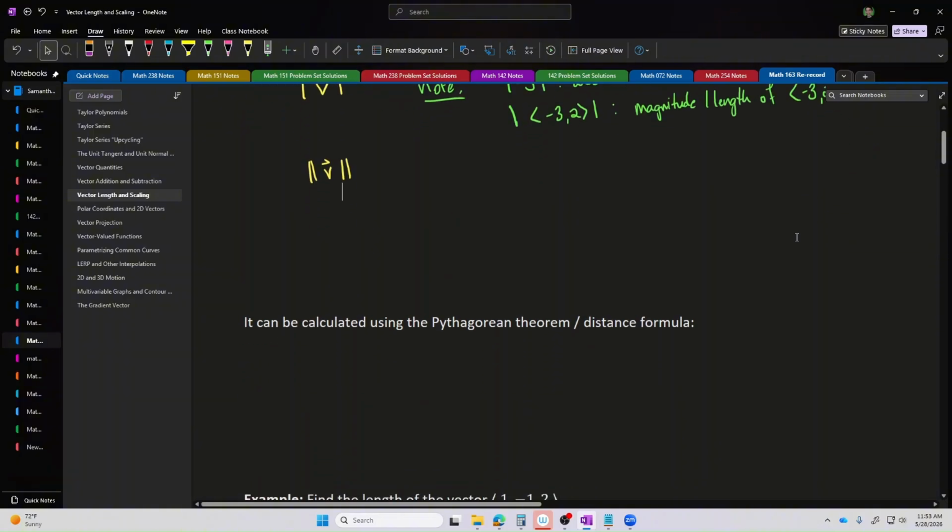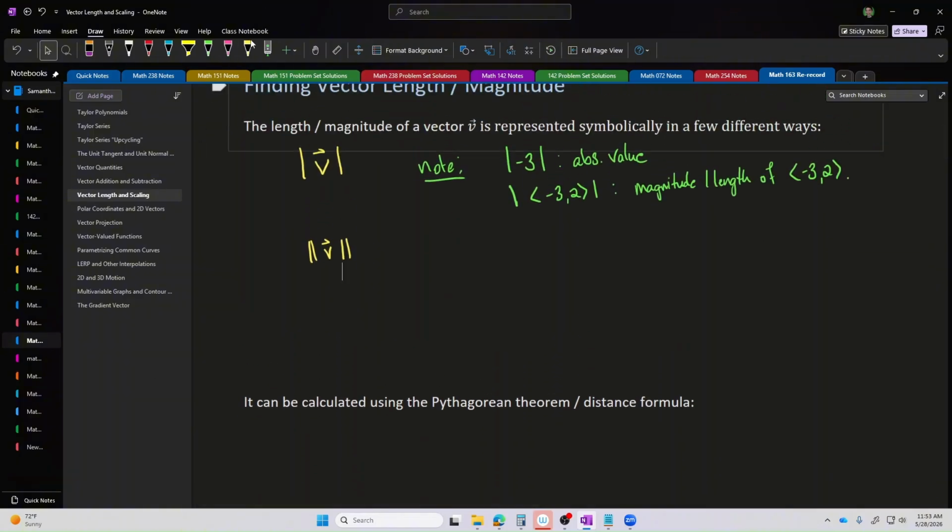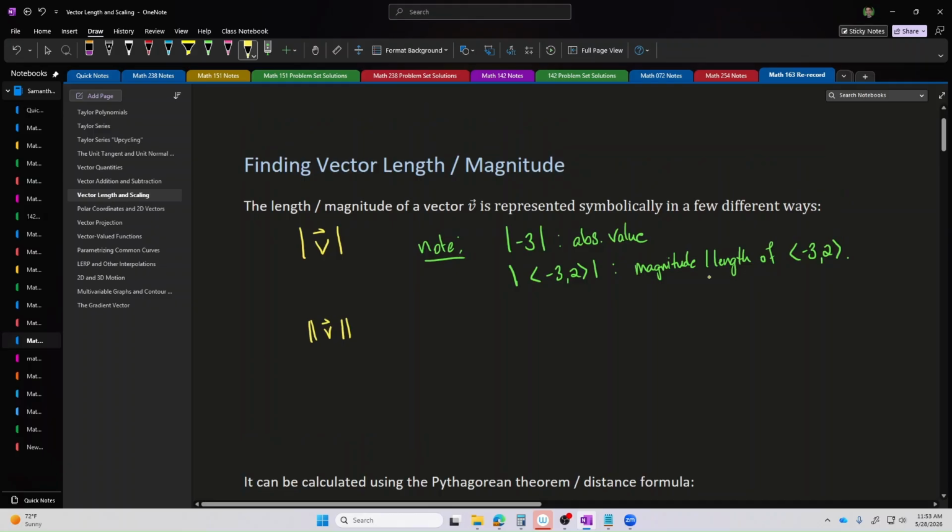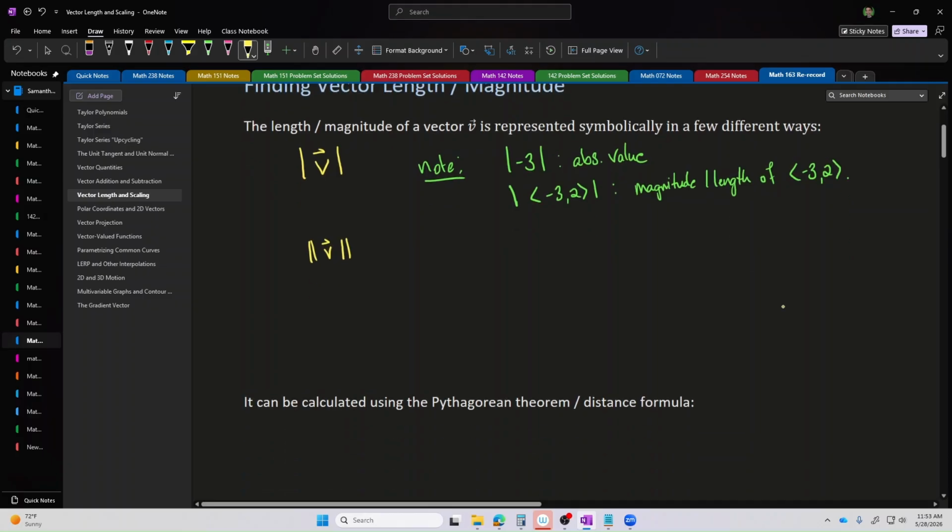In physics, you'll see really my least favorite notation for magnitude, which is to write the letter V without the vector arrow. This is how the physicists will denote the magnitude of a vector quantity.